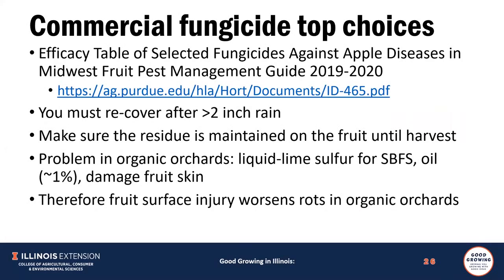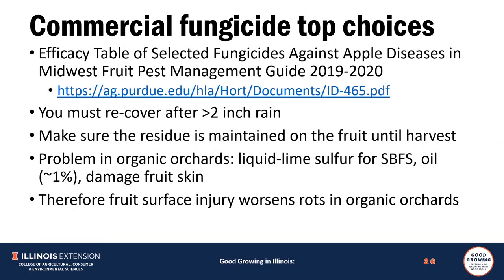Now when it comes to commercial fungicides, we have an efficacy table in the Midwest Fruit Pest Management Guide, and it gives some of the top commercial fungicide choices for some of these diseases if you're a commercial grower. But again, if that fungicide has been washed off after 2 inches of rain, you're going to have to recover it and reapply that fungicide.